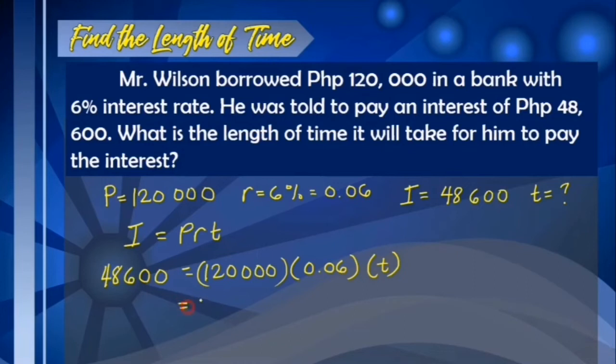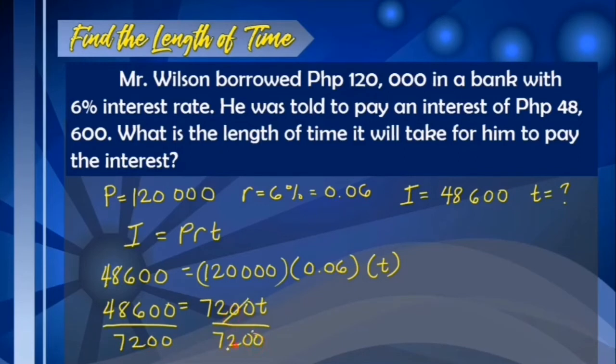We have 7,200 T equals 48,600. We divide both sides by 7,200 to solve for the value of T. So dividing these two, we have T, which is equal to 6.75.